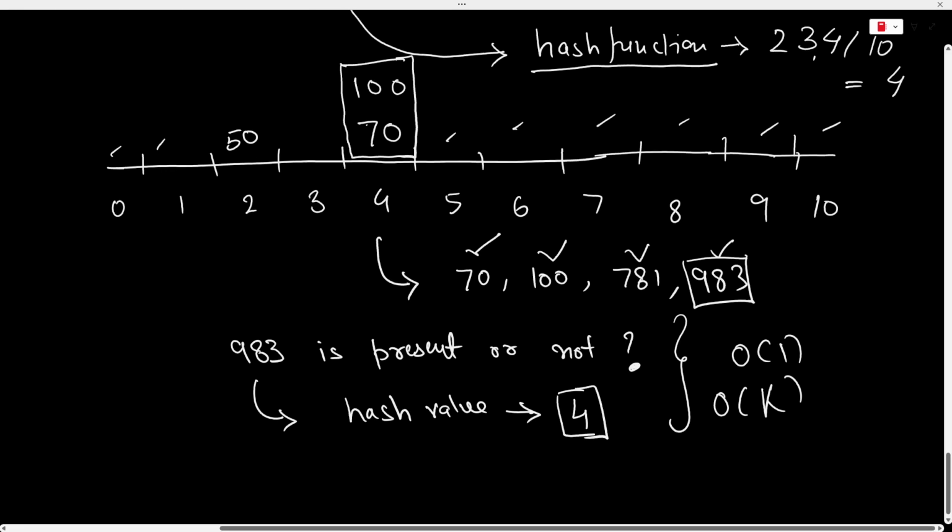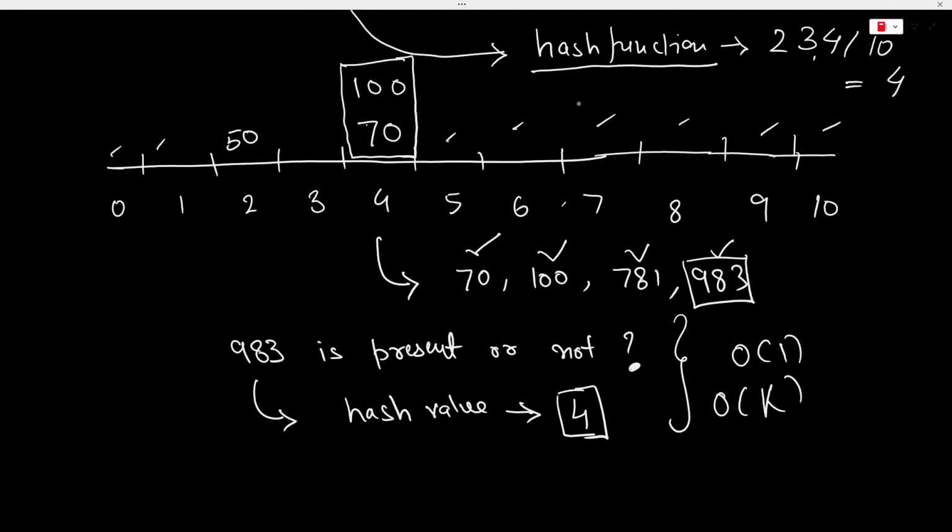So this is why we want our hash table to be sparse, and keeping that in mind, we define our hash function.